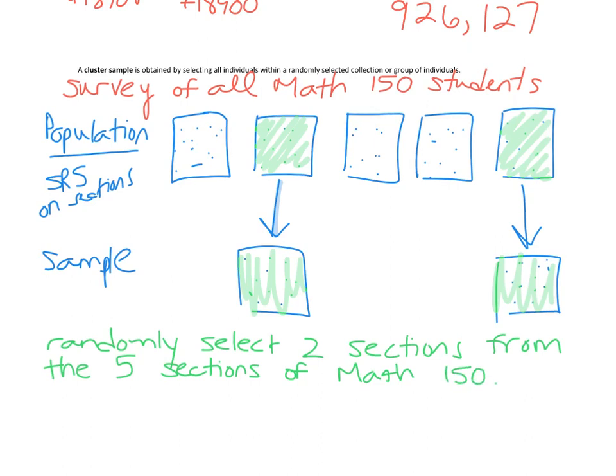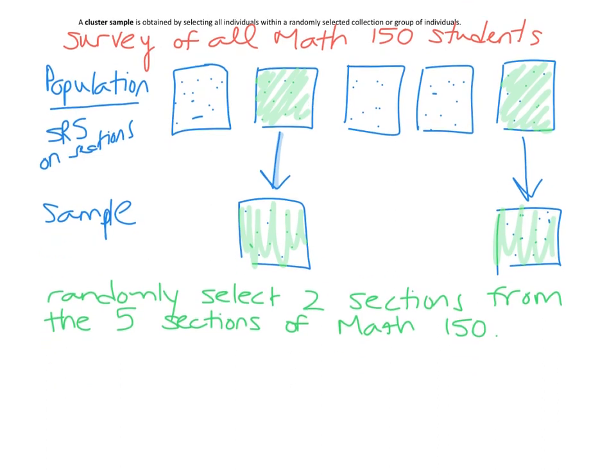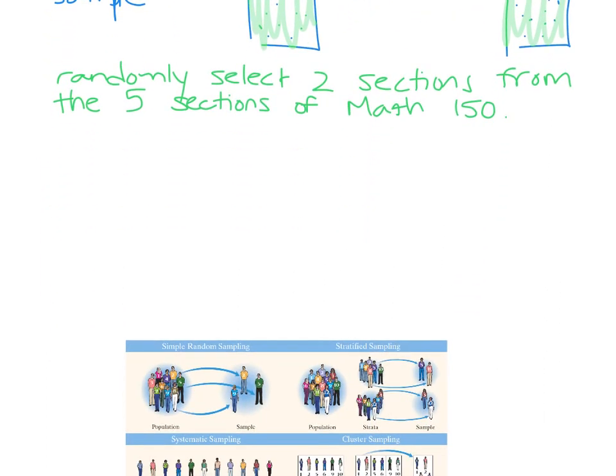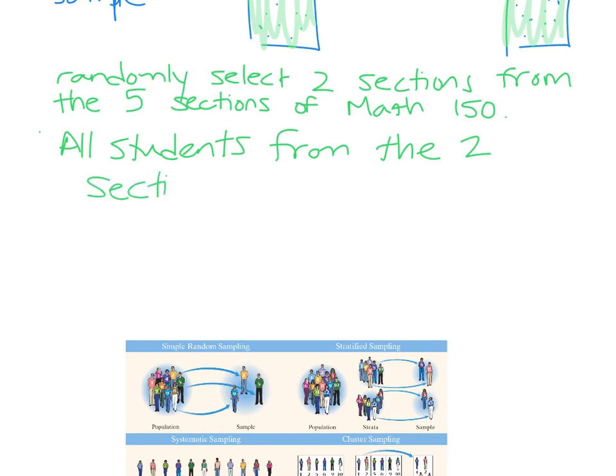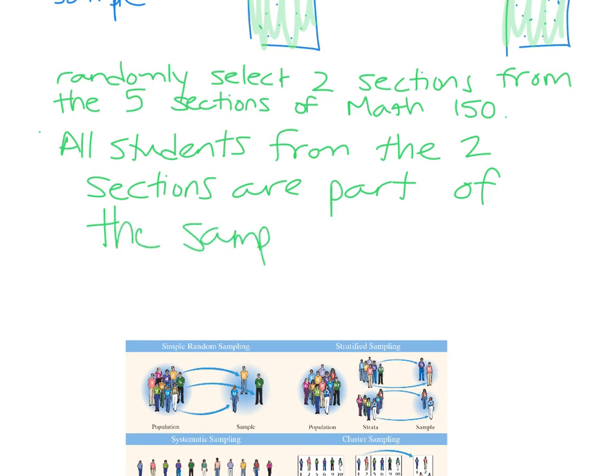And then all the students from those sections are in the sample. So all students from the 2 sections are part of the sample. And there you go. That's your cluster sample.